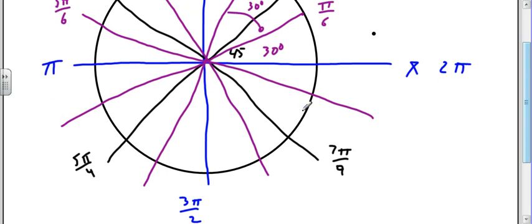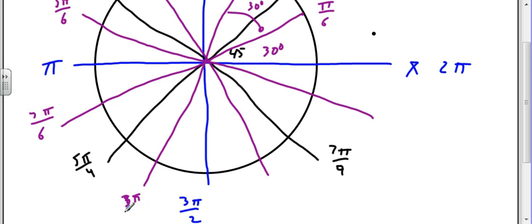And then I got 11 pi over 6, maybe? Well, no, that can't be. It's got to be 7 pi over 6. And then over here I'd have 9 pi over 6, that'd be 3 pi over 2, right?